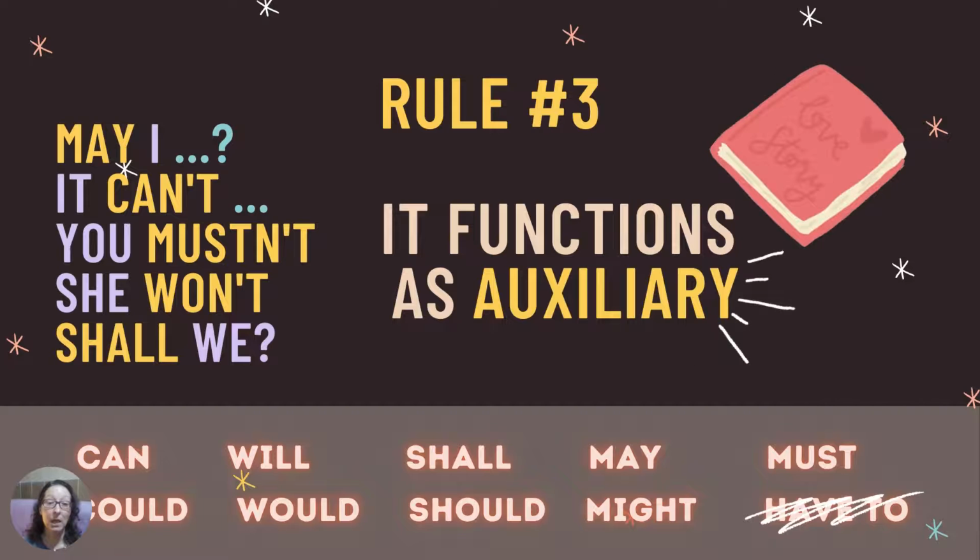So we don't say you should, don't wear gloves, or do I, can open the window, for example. We don't use the other auxiliaries be, do, and have to form questions and negatives, but we use the modals.